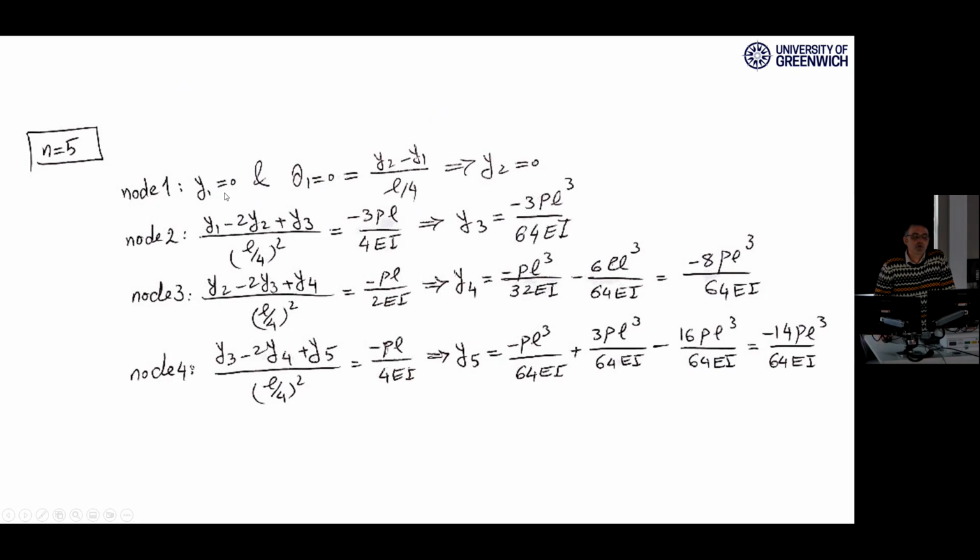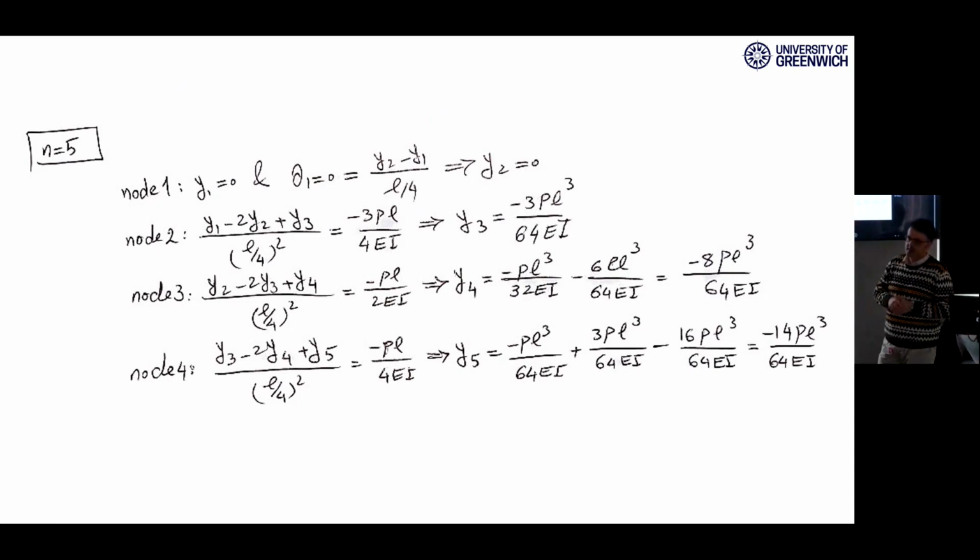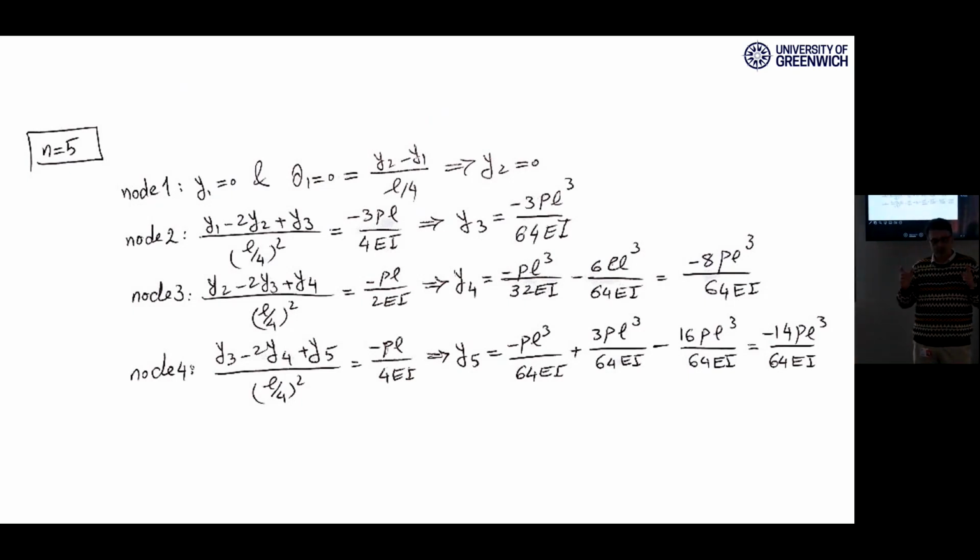Again, for node 1, y1 is 0 because it's a support. Also, theta 1 is 0, and that results in y2 being 0. So always y1 and y2 will be 0 because of the first line. Whatever n you use, y1 and y2 will be 0.